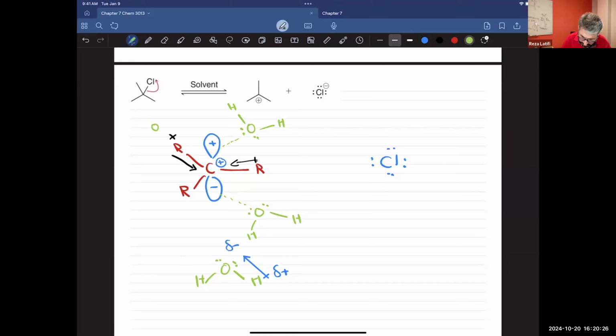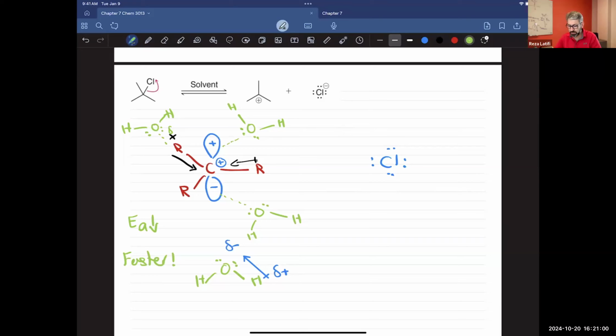Oxygen can also reach the R groups and have interaction with them, and try to neutralize the partial positive charge that we now have on our groups. So the solvent can stabilize the intermediate. I'm talking about the carbocation, and anything that stabilizes the carbocation will drop the activation energy. That means the reaction will be faster. So the reaction will be faster if the carbocation gets stable.